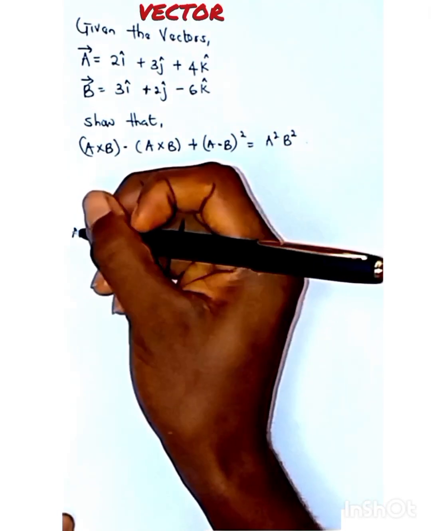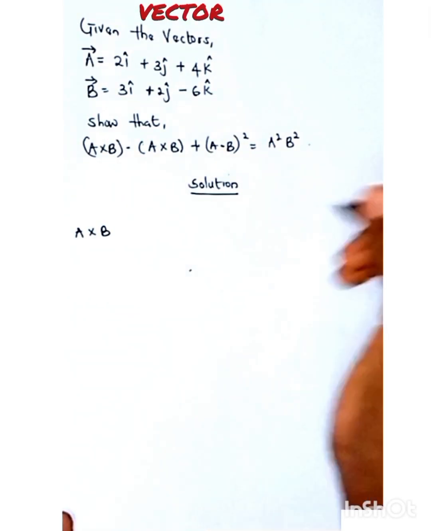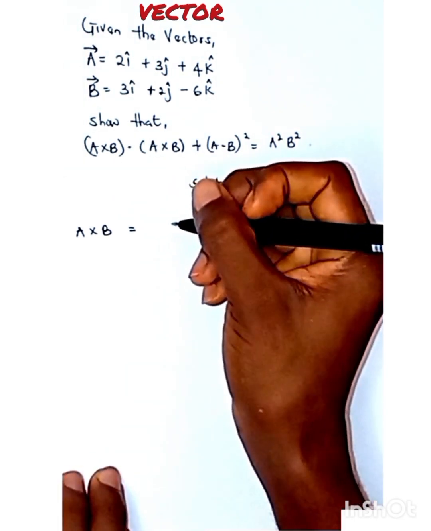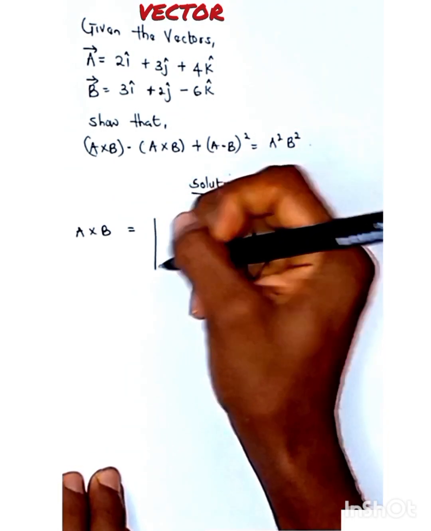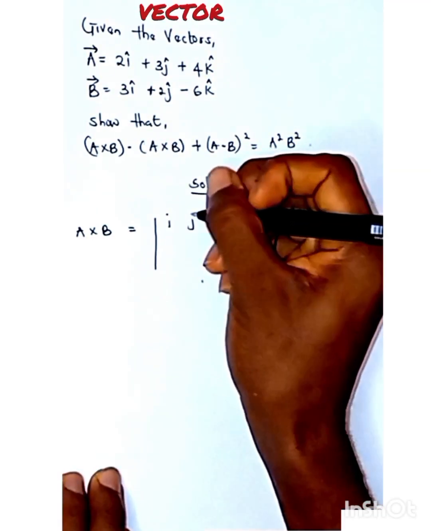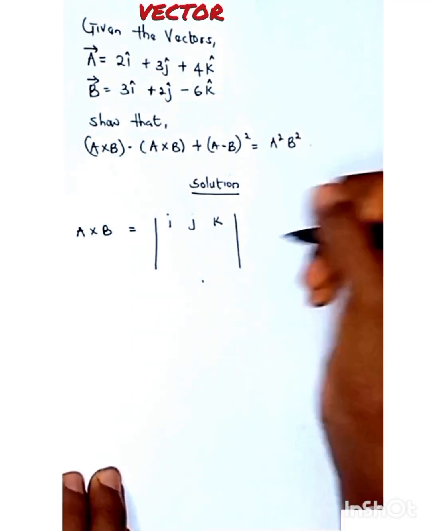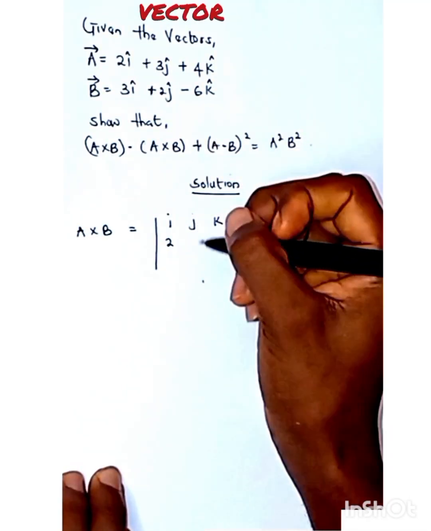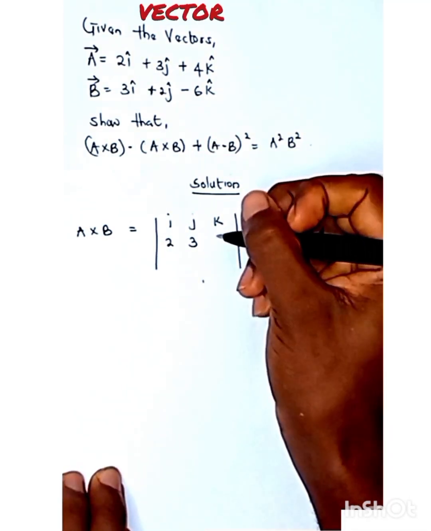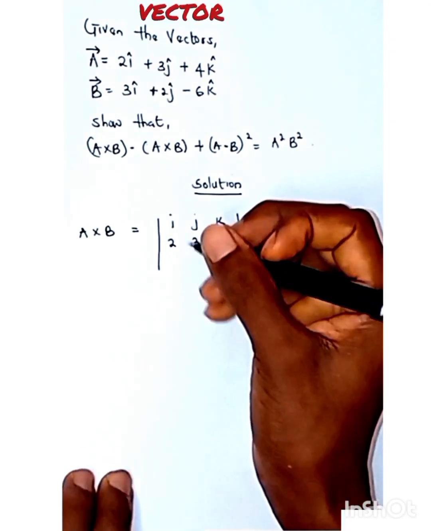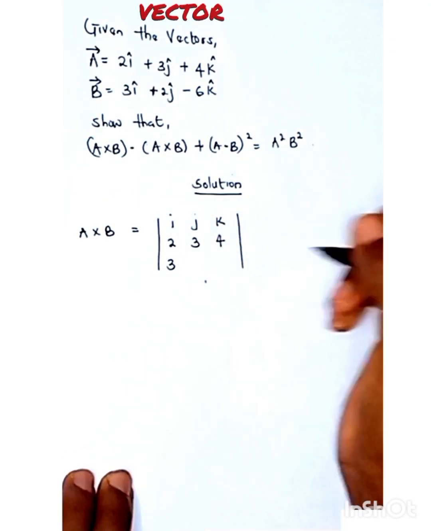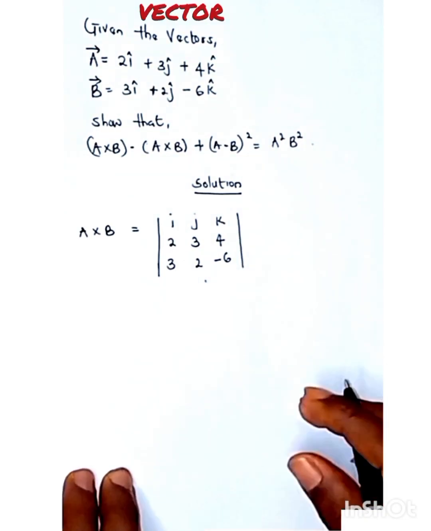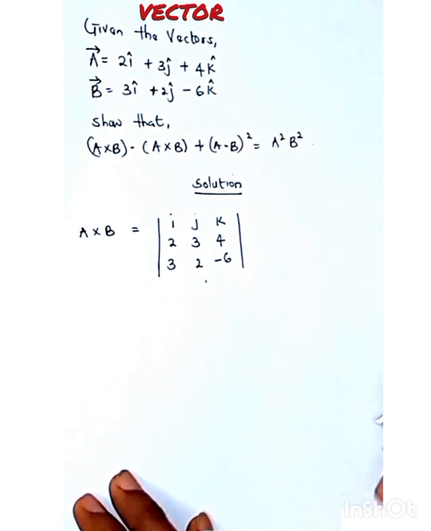Now getting A times B, or A cross B, we use the determinant method. Don't forget the dimensions i, j and k. For the i, we have 2 for A, 3 for the j, and 4 for the k. Then for vector B, 3 for the i, 2 for the j, and minus 6. So we get the determinant of these vectors.